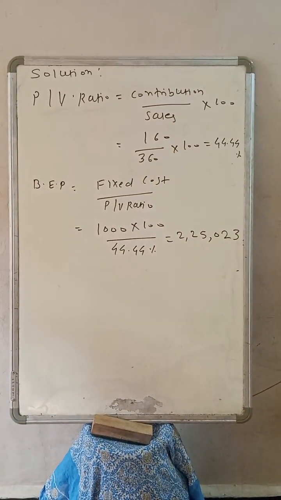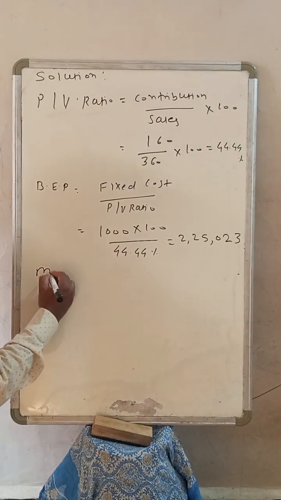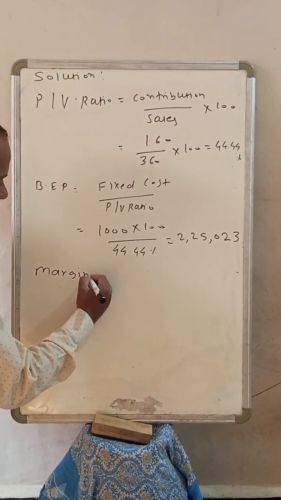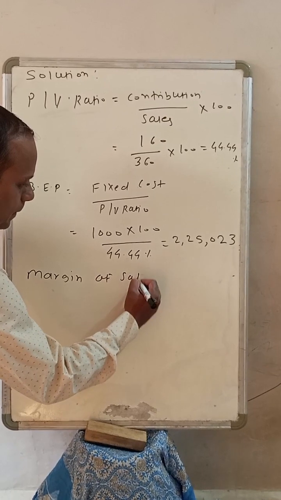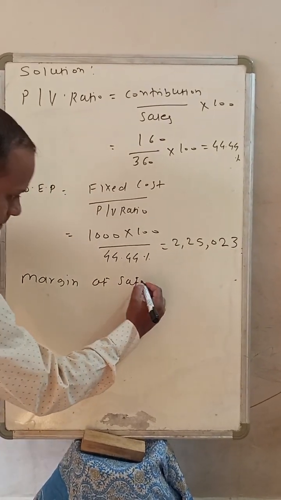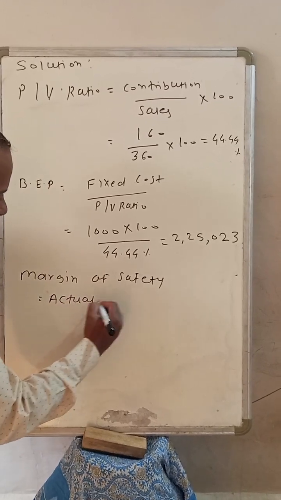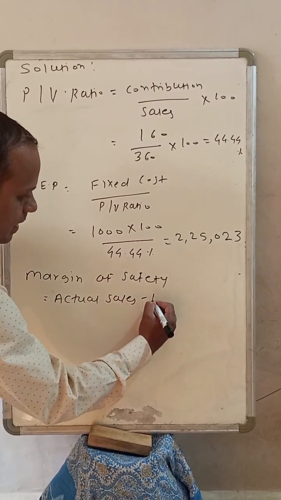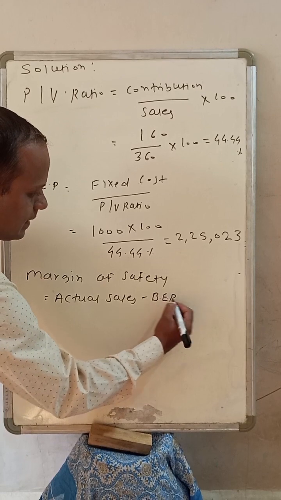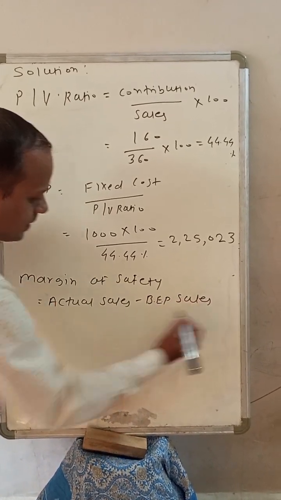And last one is margin of safety. The formula is actual sales minus BEP sales.